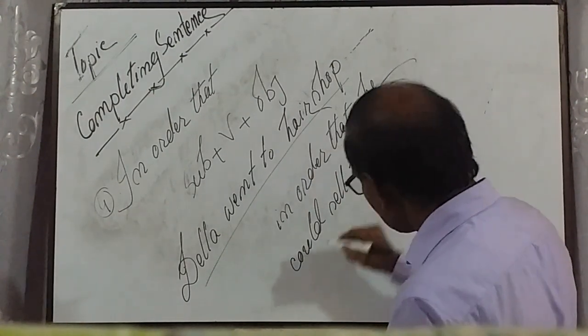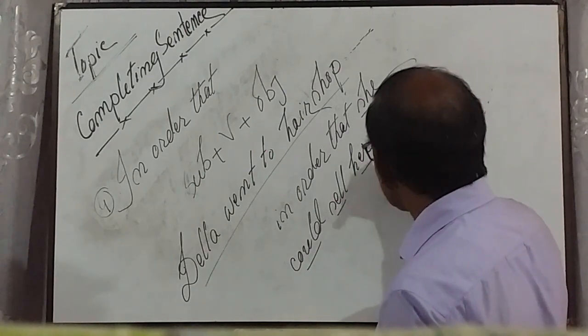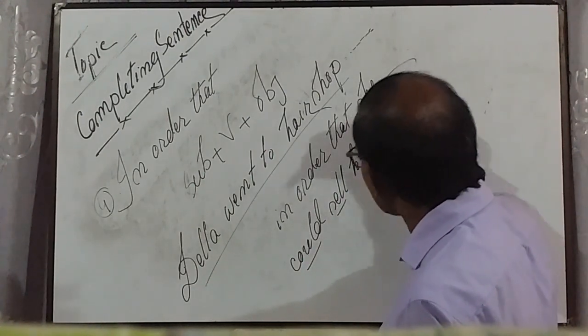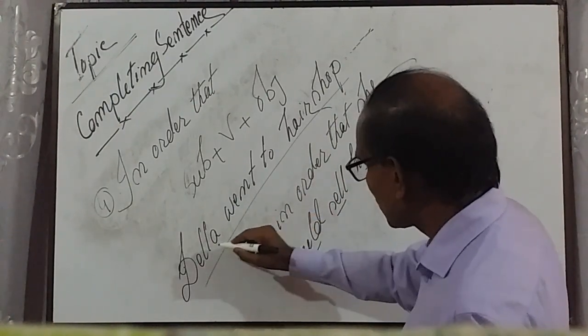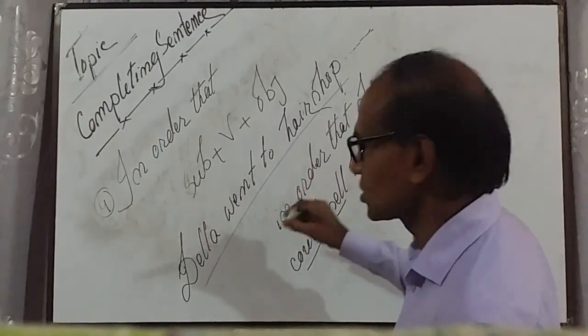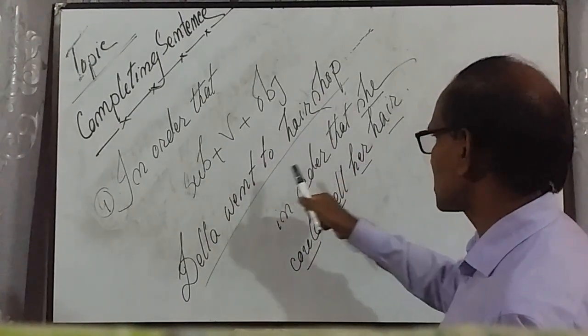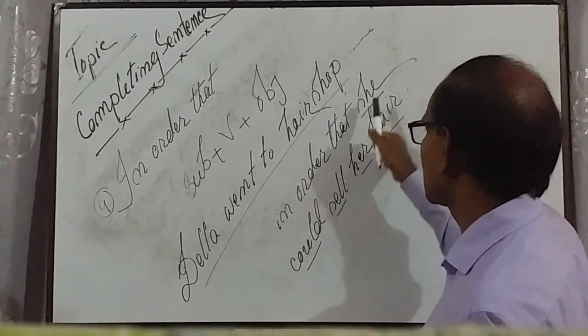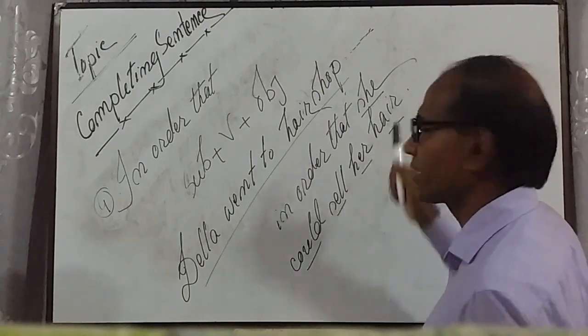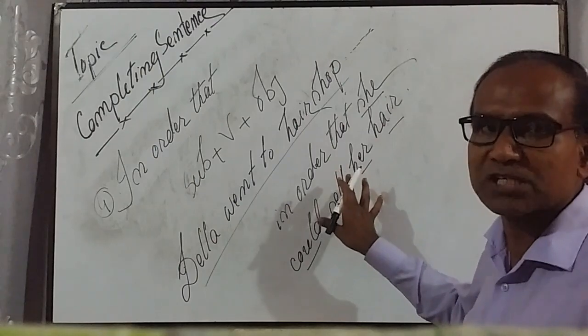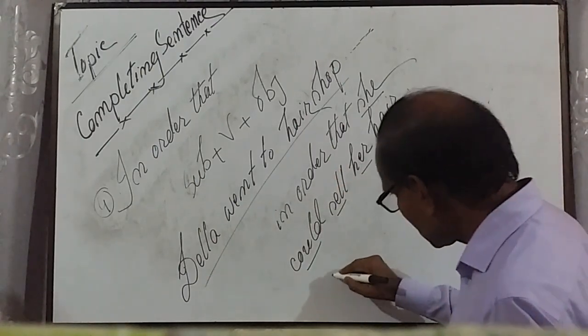Another clause, but it has consistency with the first clause. Bella went to hair shop in order that she could sell her hair. Is it clear to you? Pretty simple sentence.